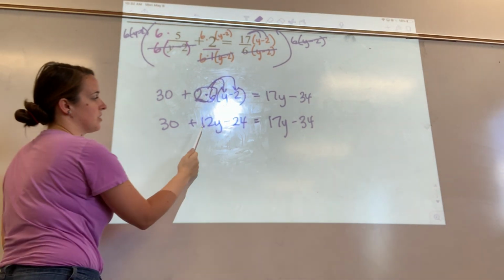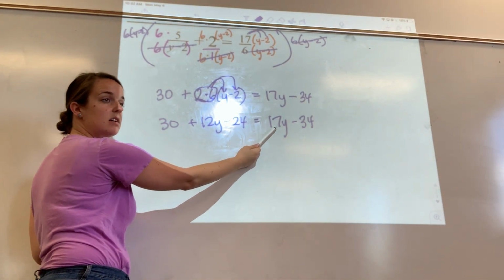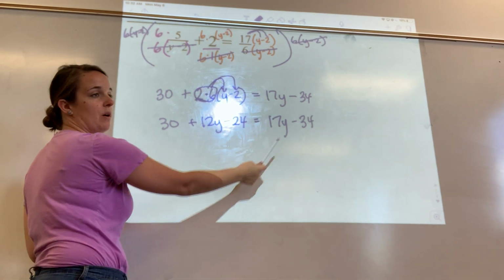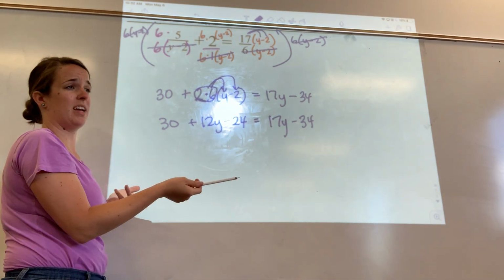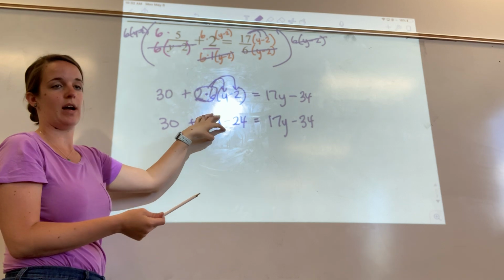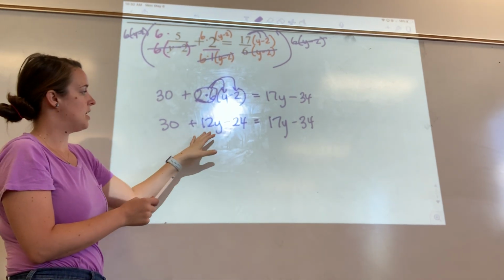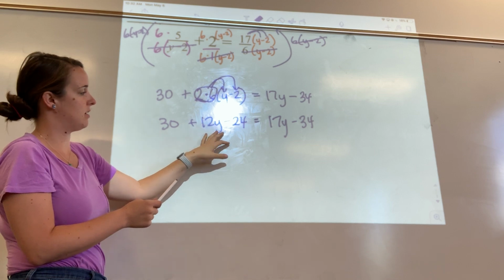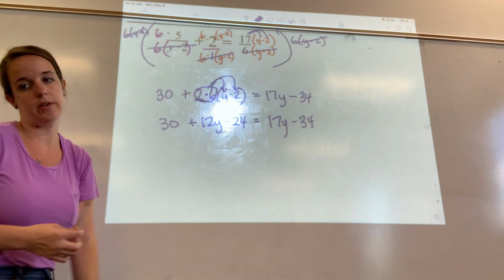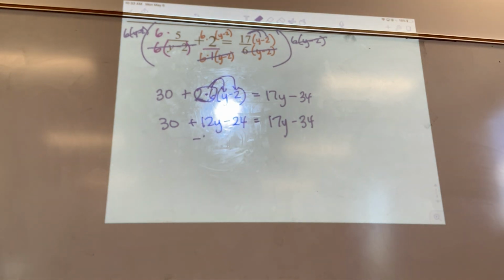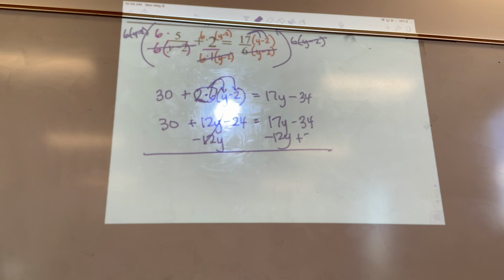Strategically, I see that there's 12 y's here and 17 y's here. I would move the 12 y's over there so that my y's don't become negative. Some people like to leave their y's on the left side because that's how you read a problem, but I like to move mine over. So I'm gonna move the 12y over, which means I need to move the 34 over here.